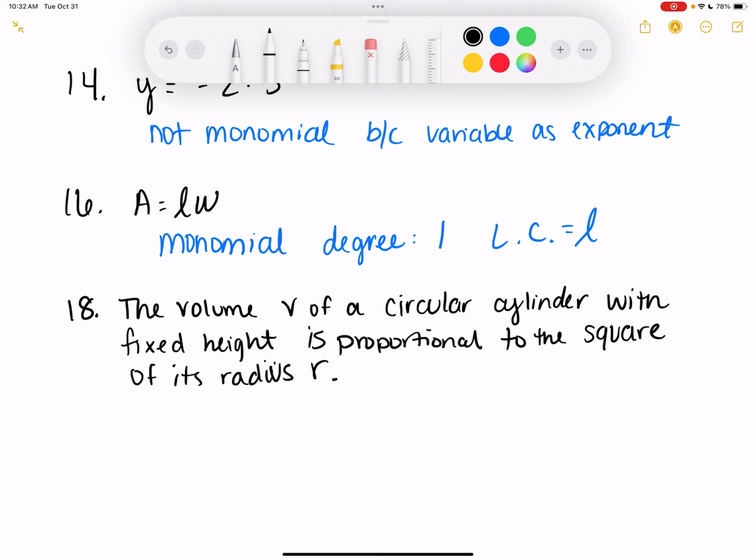Now, in general, what do we know about the volume of a right circular cylinder, or a circular cylinder with fixed height is technically what I should say. V equals pi r squared h. But does it specify any constants for us?